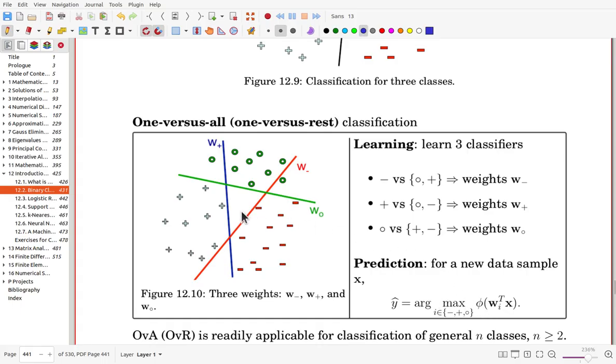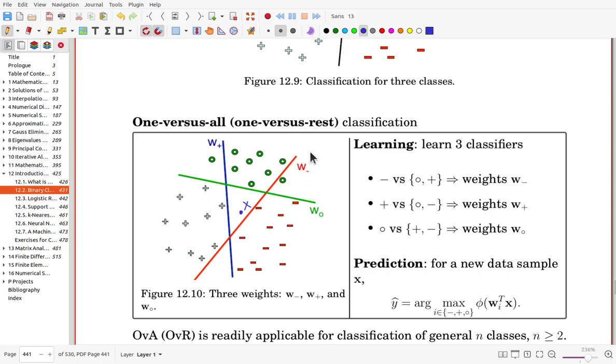Okay, let's see here. For example, a new point x is here now. Apparently, this point should belong to the minus class. That can be achieved quite easily. For this W minus, this side will be positive, that side will be negative, of course.